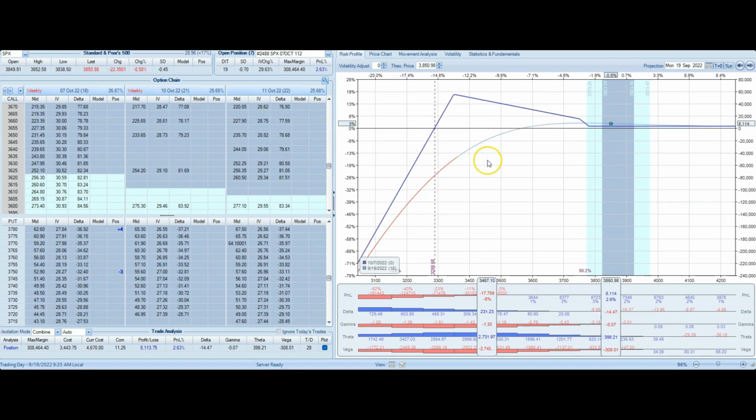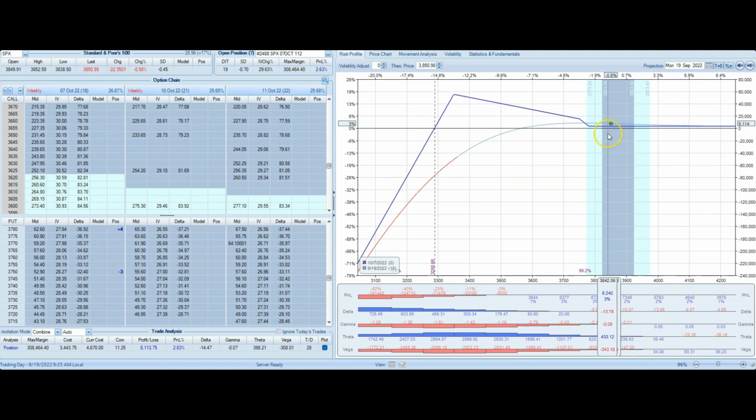So now we'll look at this same trade 19 days later. SPX moved minus 0.7 standard deviations. IV increased by about 30%. What I did was I closed two of the long put debit spreads, and I collected $9.75 or $1,950 in total.